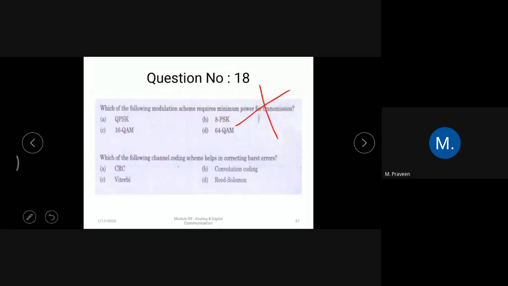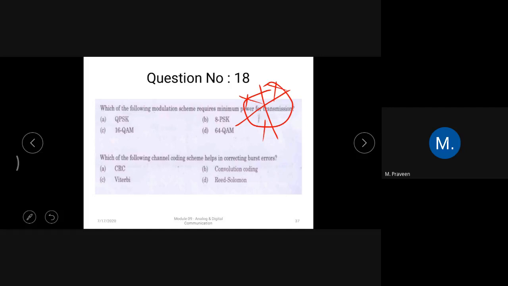For example, let us draw this. If it is QPSK, there will be only 4 points: 1, 2, 3, 4. If it is 8 PSK, then I should locate 8 points. If it is 16 QAM, I should go for 16 points. If it is 64, I should go for 64 points. Now find the distance between each of the points.